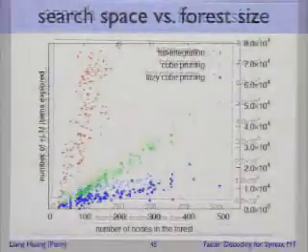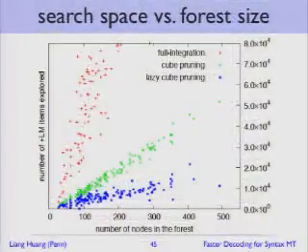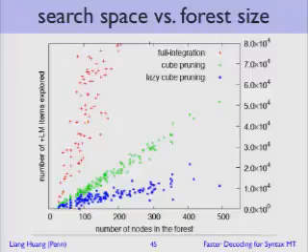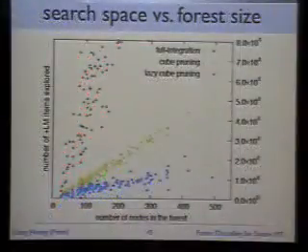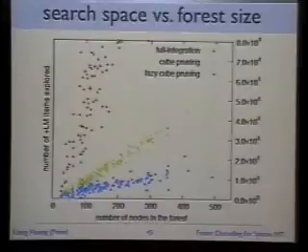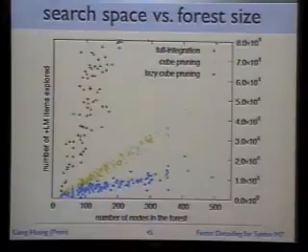Okay, so this plot is the search space versus the number of nodes in the forest, or the size of the forest, which in our model is roughly linear to the length of the input sentence. So we can see how well these three methods scale for different lengths of sentences.